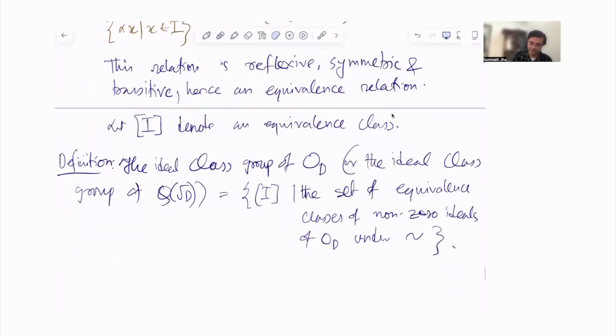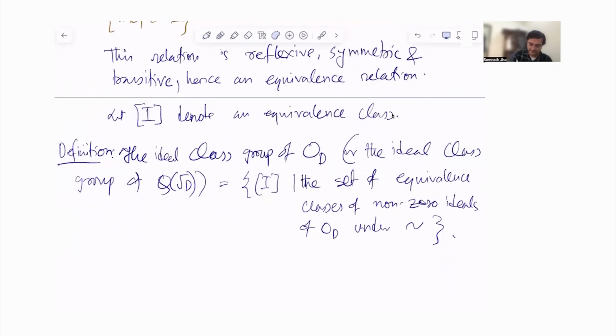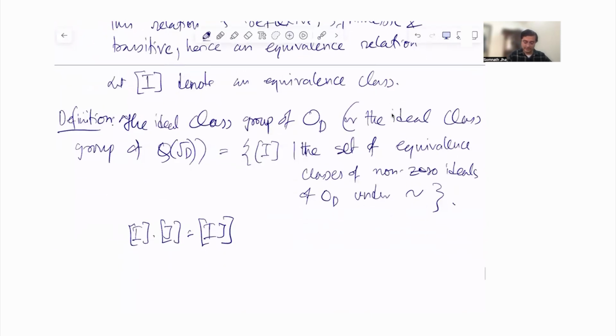Obviously, there should be a group structure. So you define the class of I times the class of J to be equal to the class of IJ. And check that this is a well-defined operation.